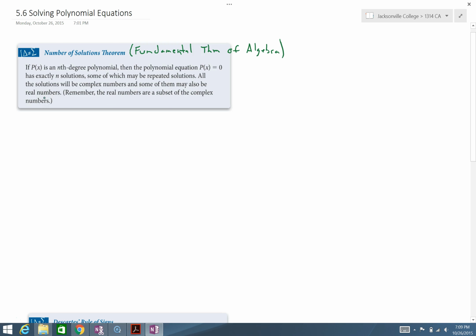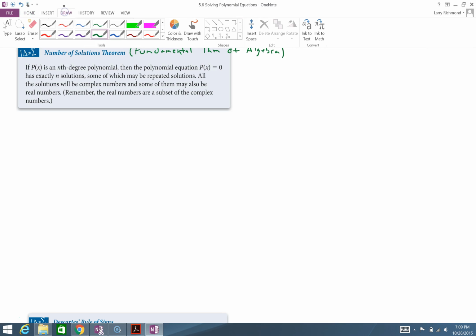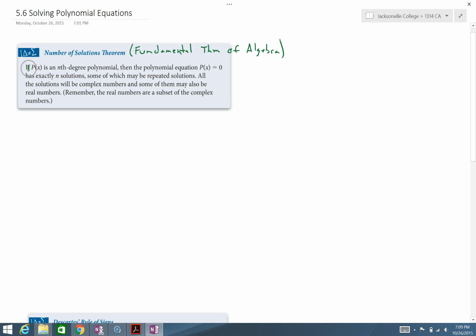All right, so in your notes, I would include just this first portion. Some polynomial p of x that's to some power n, the leading, it will have exactly n solutions.